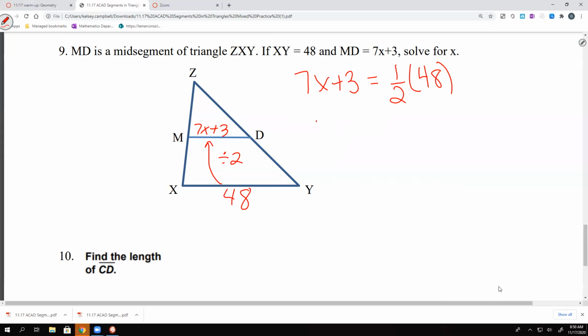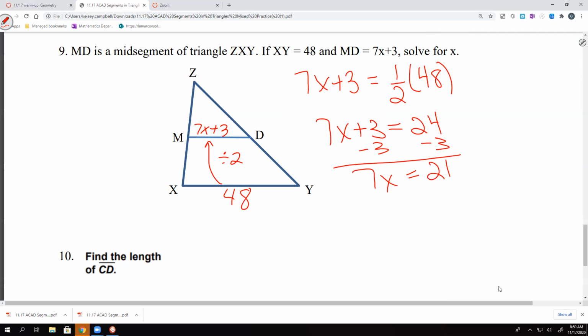So let's just solve. So 7x plus 3. And what's half of 48, y'all? 24. Okay, and then we just solve. So what are we going to do first? Yep, minus 3. Good. So 7x would be 21, and then divide by 7, right? So x is 3. There you go. Not too bad, right?